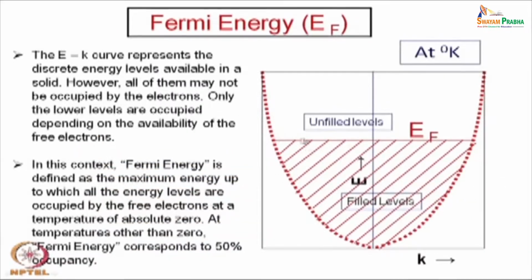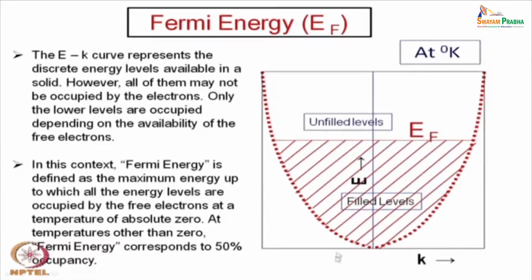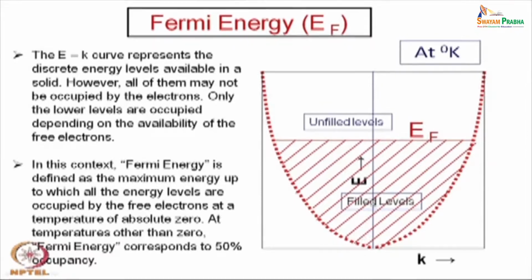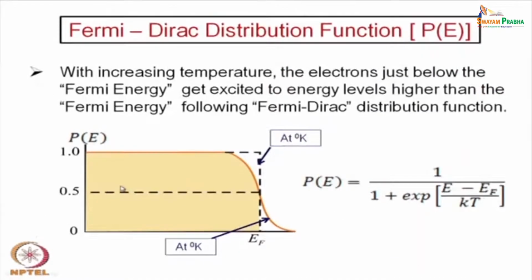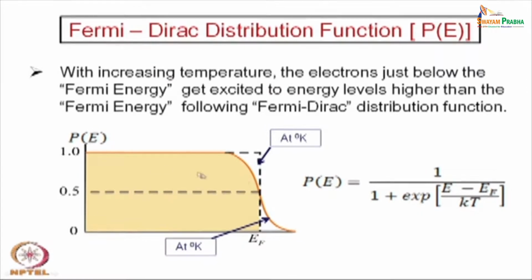We are plotting this curve in this manner. This was the vertical axis E, and here it is the horizontal axis. There is no k term, the wave vector, here; k is the Boltzmann constant here, that one has to remember.